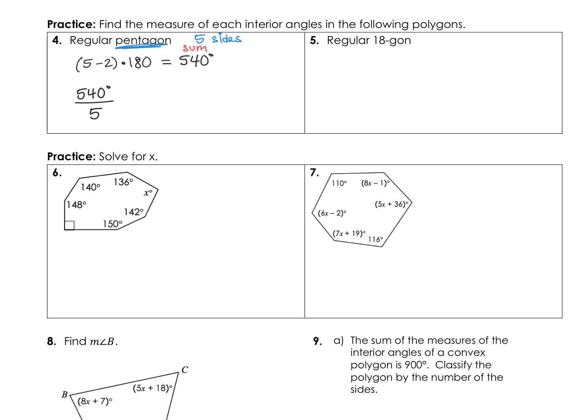If all of the sides are equal, then all the angles are equal. That's what regular means, angles and sides. So you just do 540 divided by 5, and you get 108 degrees for each angle, because they should all be the same. We're talking specifically about the interior angles today. We'll talk about exterior tomorrow.